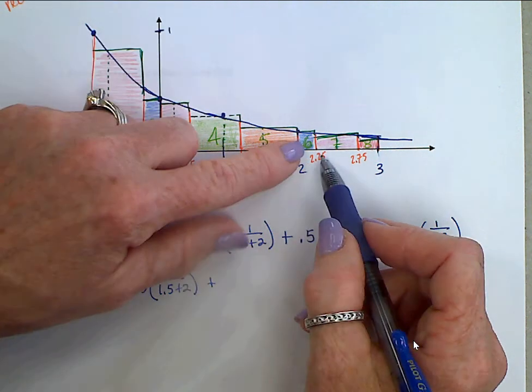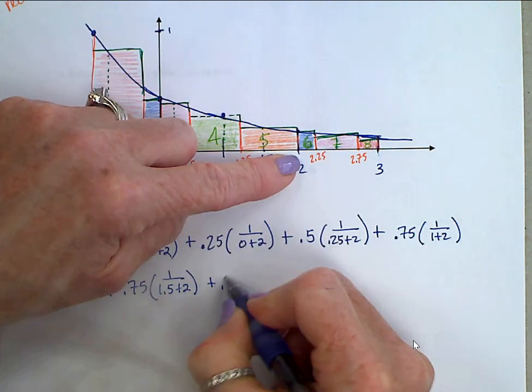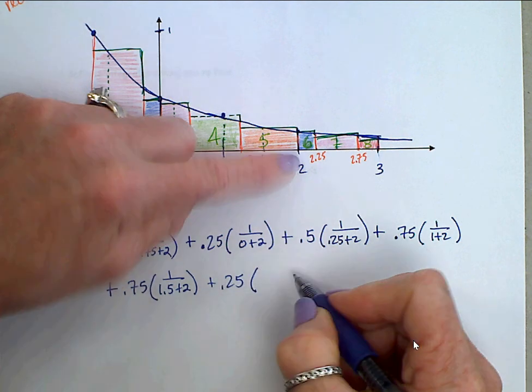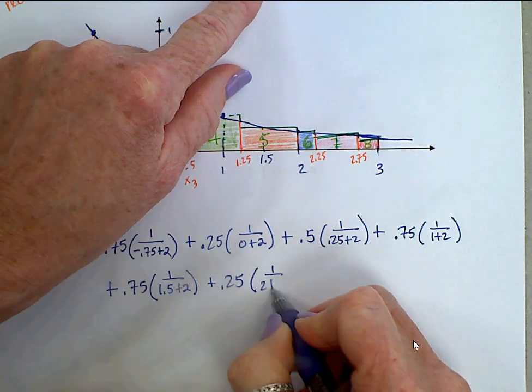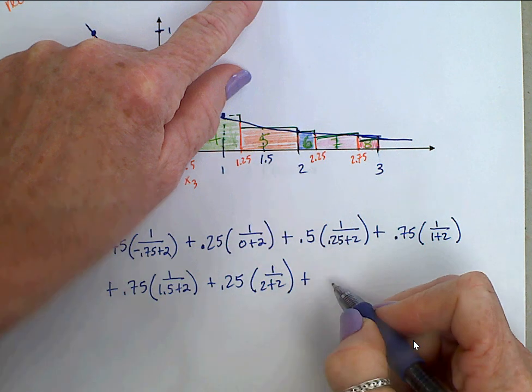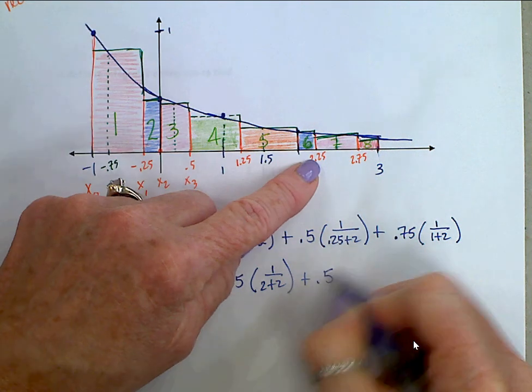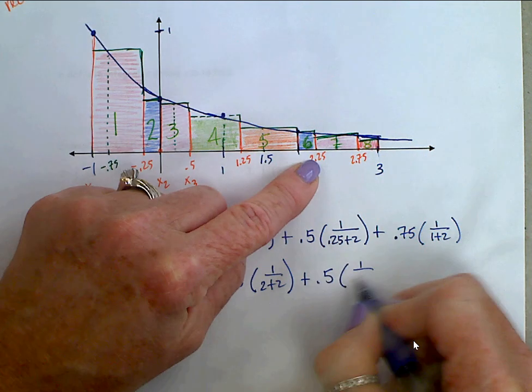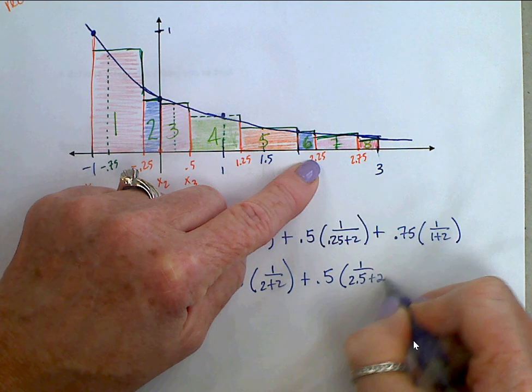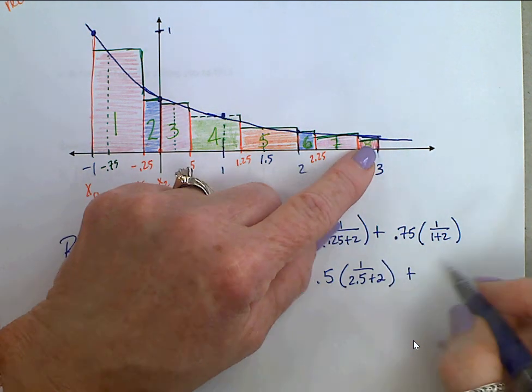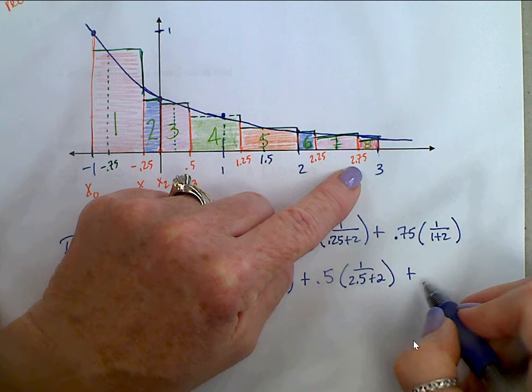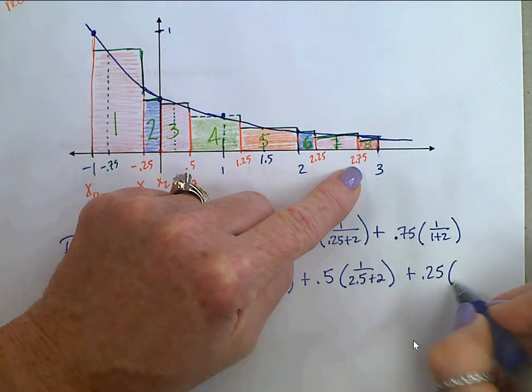Sixth rectangle is 0.25 wide. Height was where 2 is. Seventh rectangle, 0.5 wide, height by 2.5. And last rectangle is 0.25 wide and a height determined by 3.